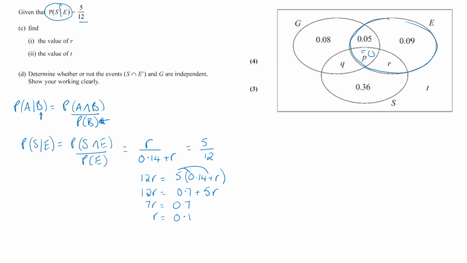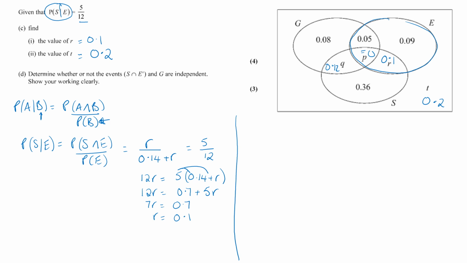We already know that Q from our previous parts is 0.12, and our T is going to be worked out now. T is just the whole diagram, take away all the other values. So if you do 1 minus everything that's in the circles, T comes out to be 0.2. The whole diagram, all the probabilities have to add up to 1, so just take that away.